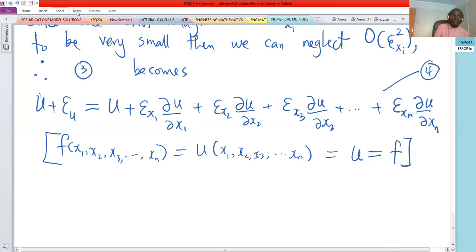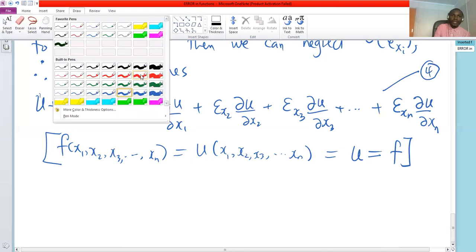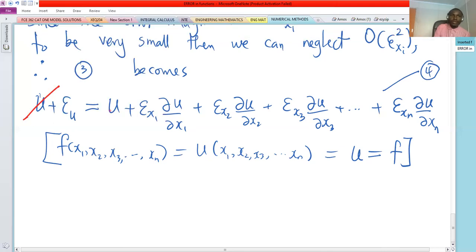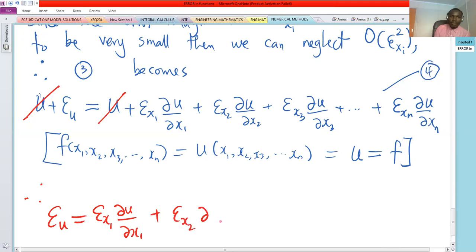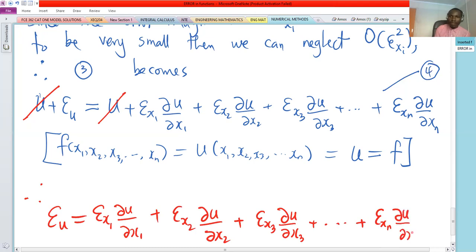Now from this equation 4, it should be clear to us that this u and this u cancel out. So therefore, error in u, which is the error in the function, is error in x1 partial u partial x1 plus error in x2 partial u partial x2 plus error in x3 partial u partial x3 plus other terms up to error in xn partial u partial xn.